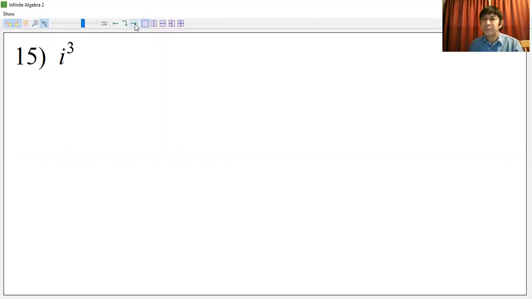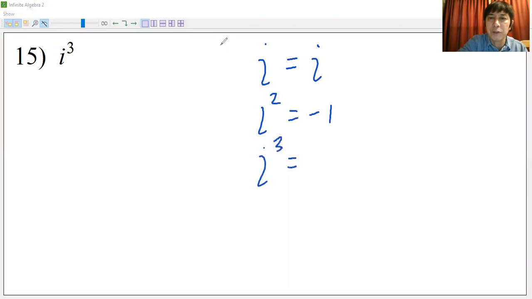Okay, now we're going to use the things we learned in the first part. I'll show you the way to do it. So this is i cubed. We already discussed this a while ago. i squared is negative 1. i cubed is negative i, because that's the product of this.